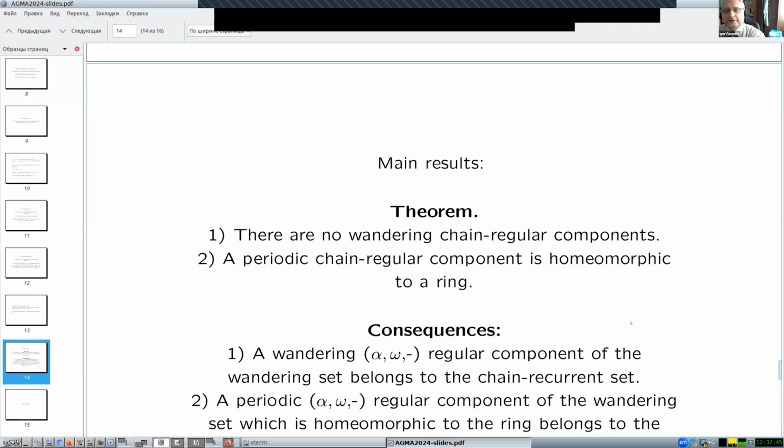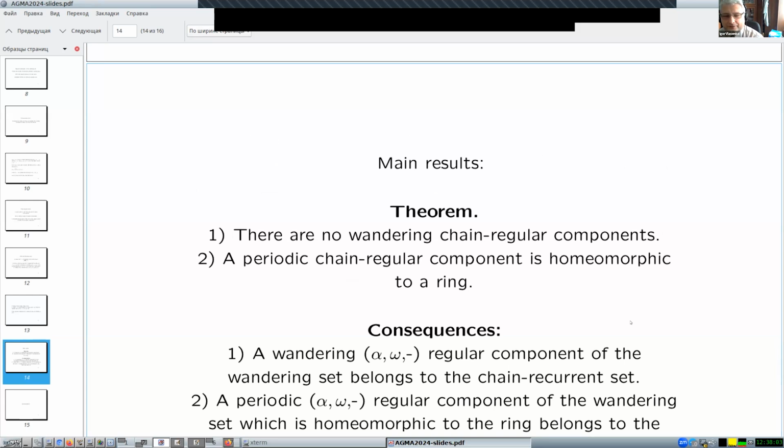And studying this, we have an interesting theorem that, in fact, there are no wandering chain regular components, and any periodic chain regular component is homeomorphic to a ring.